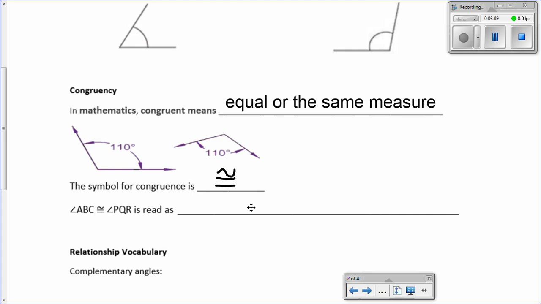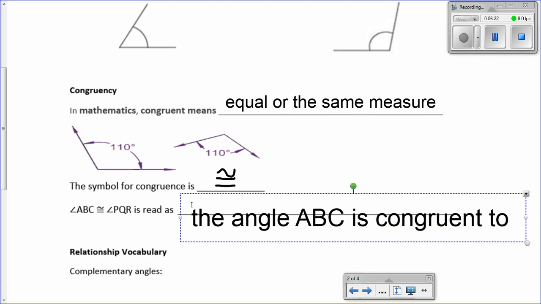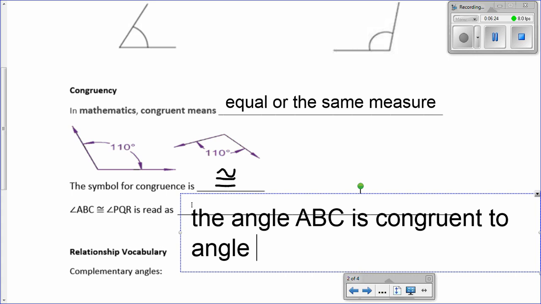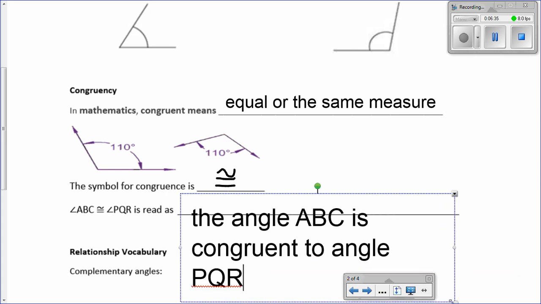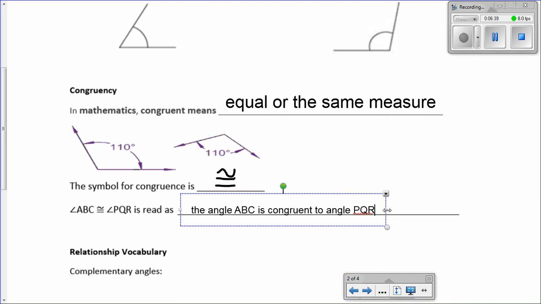So this symbol, I could read as angle ABC is congruent to angle PQR. That's how it's read out, at least.